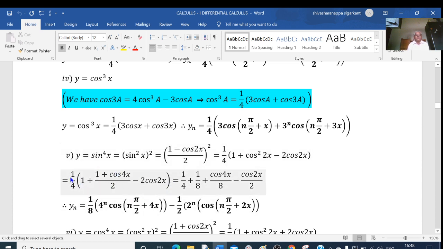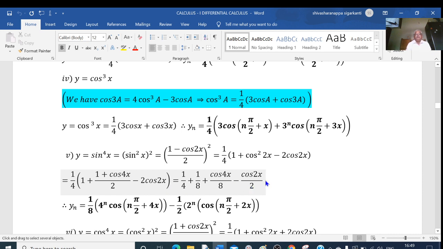If I take this 1 by 4 inside, this becomes 1 by 4 plus 1 by 2, separate denominators, 1 by 2 into 4 is 1 by 8, plus 4 cos 4x divided by 2 into 4, cos 4x by 8, minus 2 cos 2x by 4, that is minus cos 2x by 2. Okay, so this is my y.